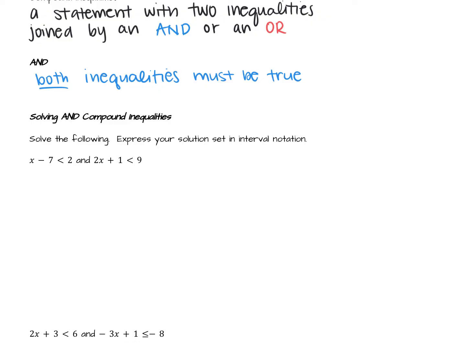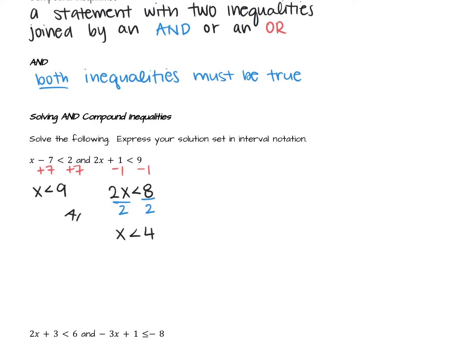My first step is I'm going to solve my first inequality by adding 7 to both sides. So we have that x is less than 9. For my second inequality, I'm going to subtract 1 from both sides. So we get 2x is less than 8. Then we're going to divide by 2, and we get that x is less than 4.